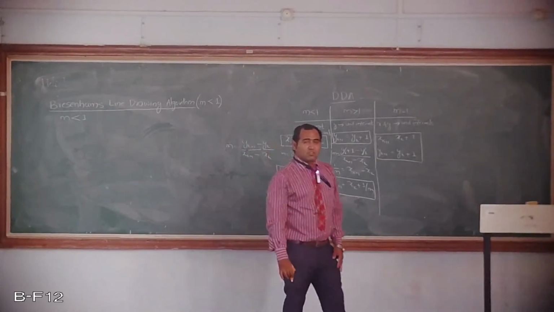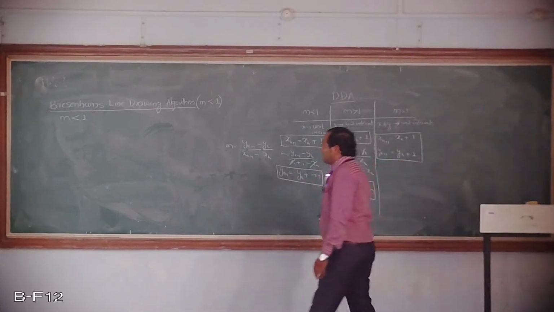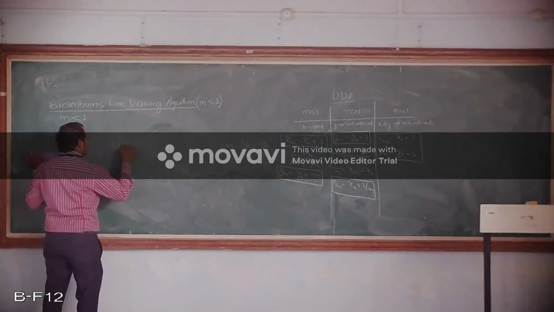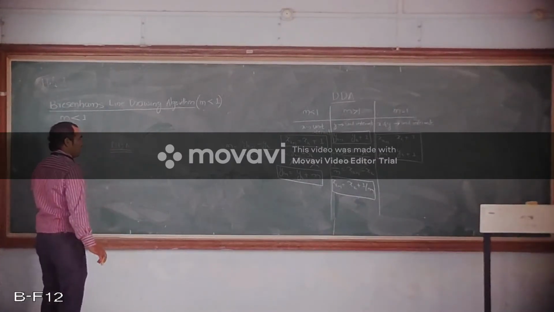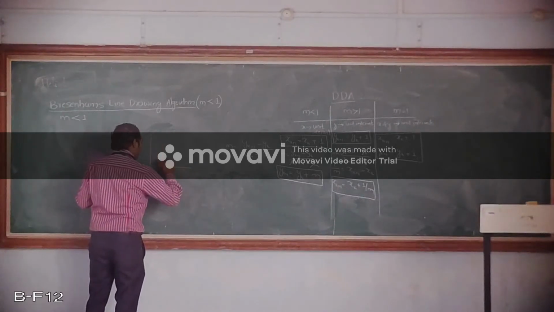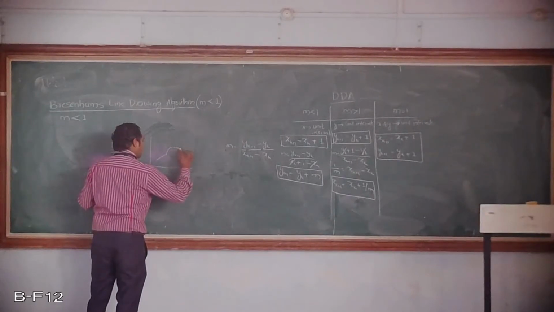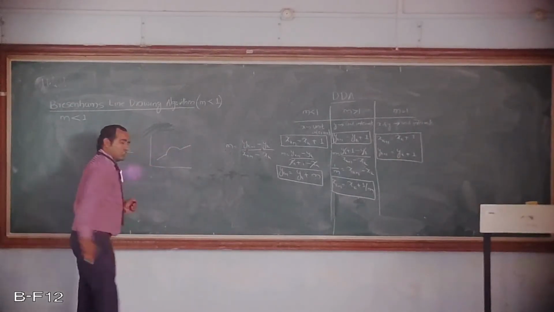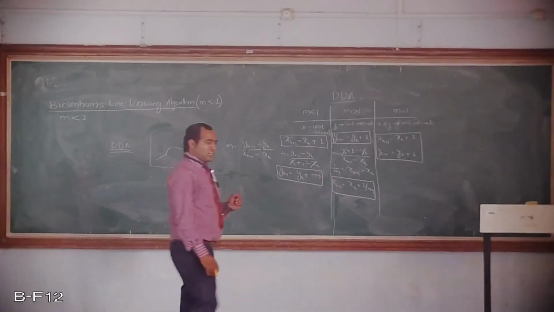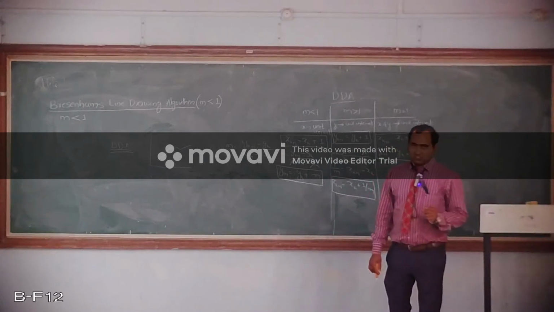Why we are going for Bresenham's line drawing algorithm is, yesterday we had discussed the DDA algorithm, digital display algorithm. The nature of the straight line I got was from here to here, and then from here to here. It is not forming a straight line because we were using the rounding off functions.